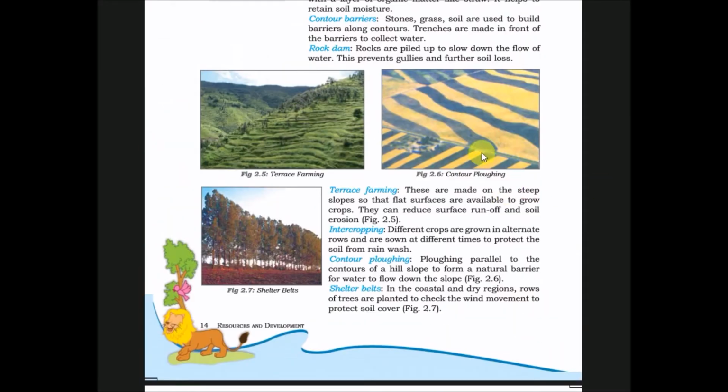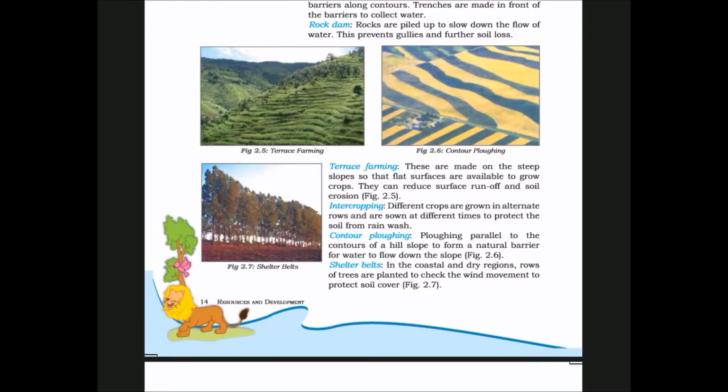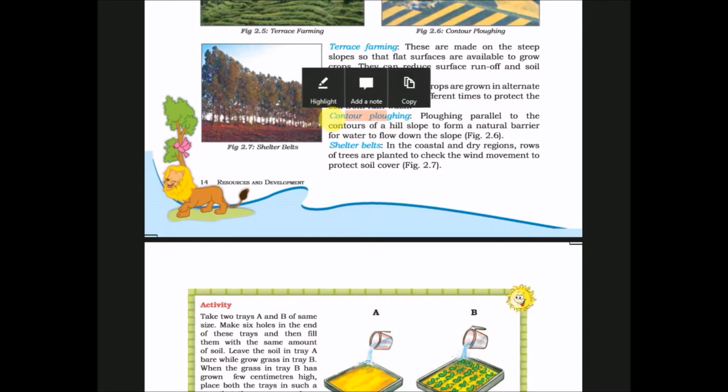So what they do is increase the height of the soil at the end of their field, so it will prevent soil runoff and also preserve some water in the field, which is the main cause for growing their crops very well. So this is contour plowing.